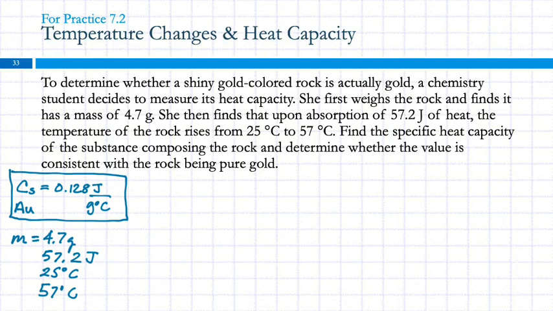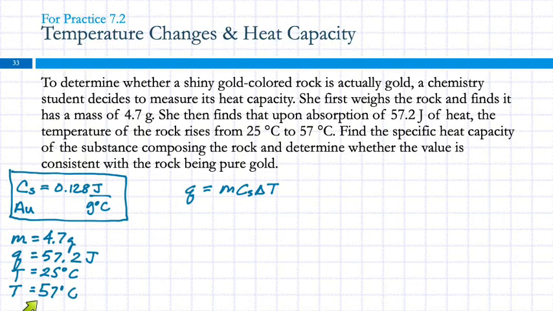And absorption of heat, what letter do we use for heat? Q. And then these two things are temperatures, right? The equation Q equals MC delta T has delta T. Delta T is the final minus the initial.